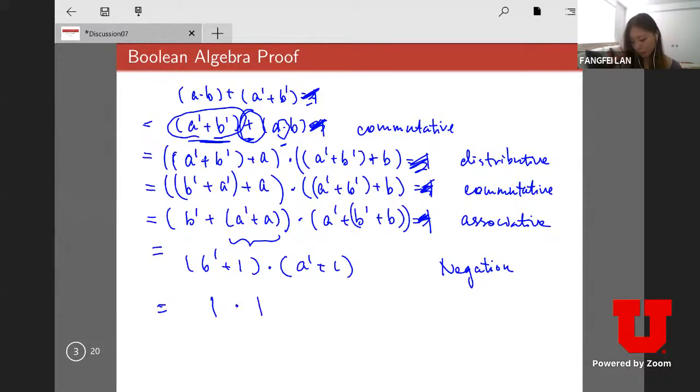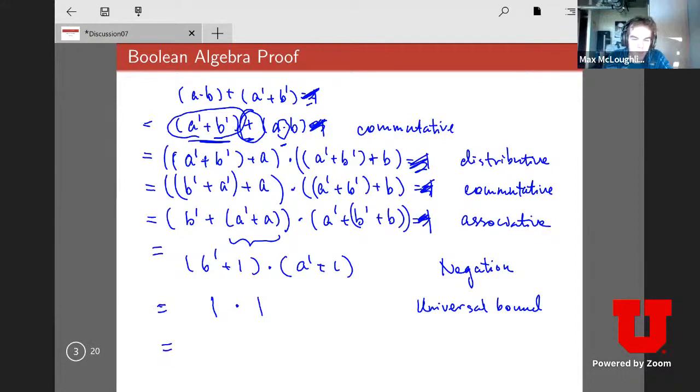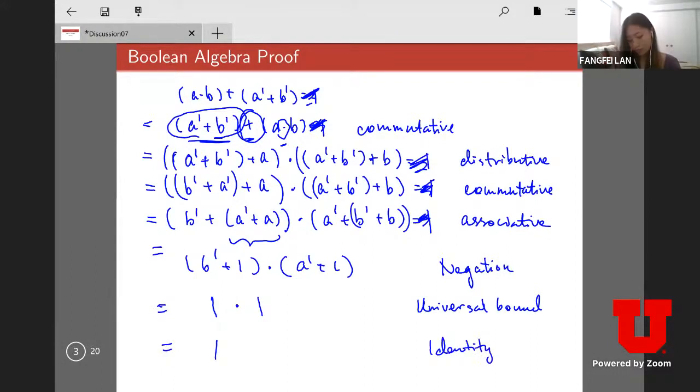That's based on universal bound. And what is 1 times 1? 1. Yes, and that's based on identity. Does that make sense?